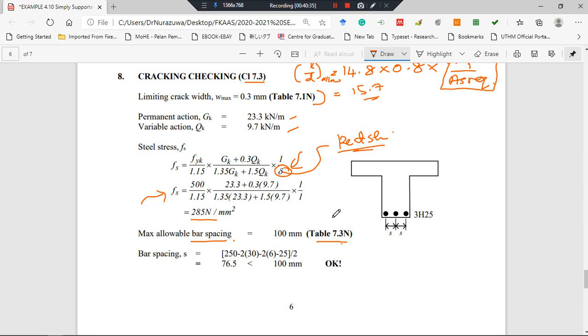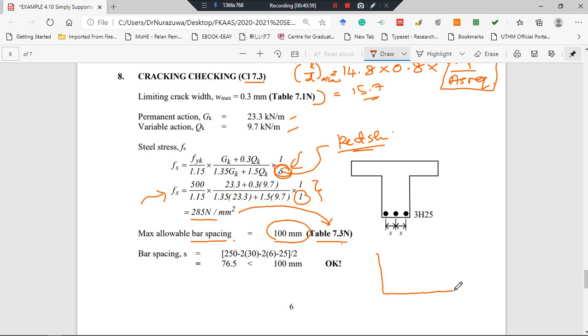If there is no moment redistribution, this value is equal to 1. Solving this equation we get the steel stress is 285, and we bring this value to this table, and finally we get the maximum allowable bar spacing is 100 mm.